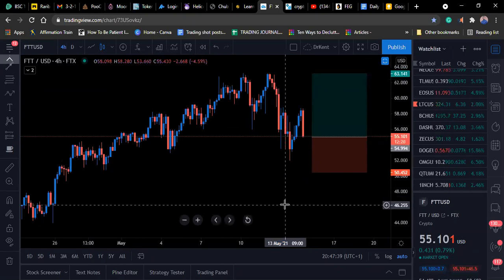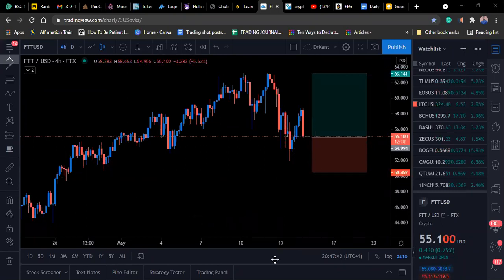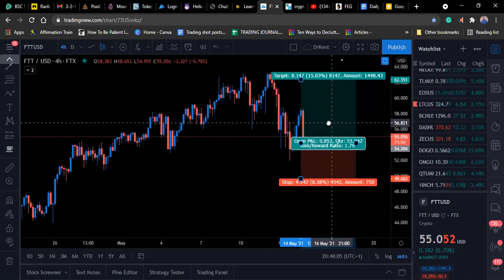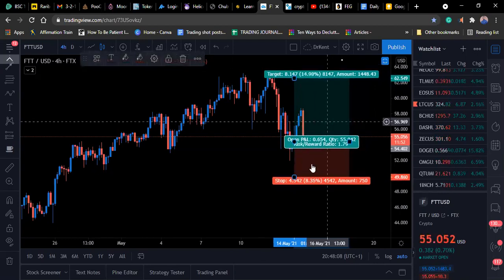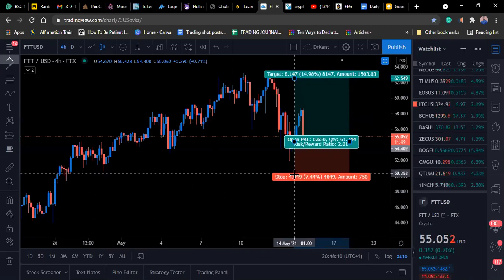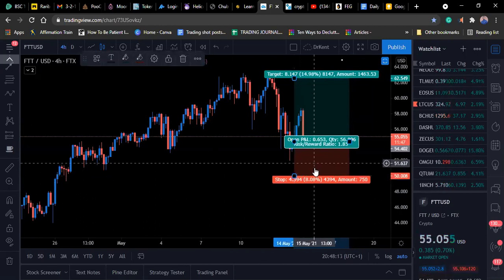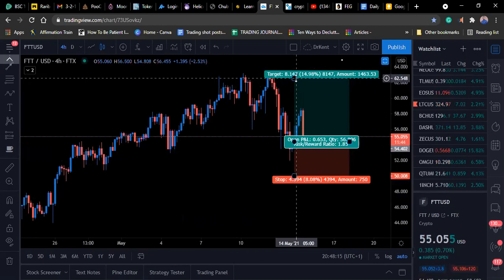So if I want to buy, for example, this market and price is here, I don't know how far price will go down. So if I see a candle, for example, like this candle now, then I'll bring this out, put it on that candle, then estimate, draw out my buy area, which is this red zone, then my profit target.